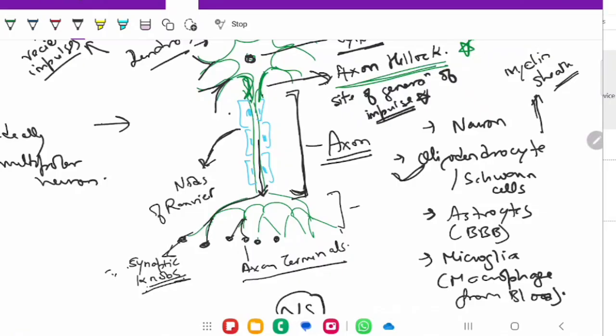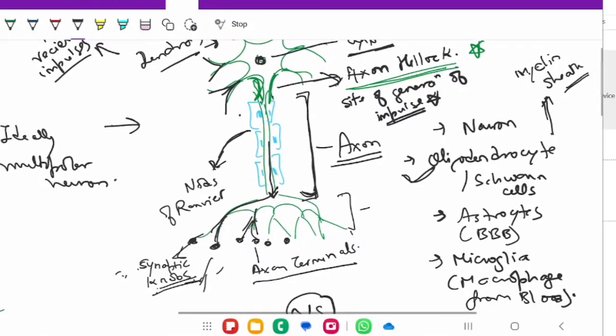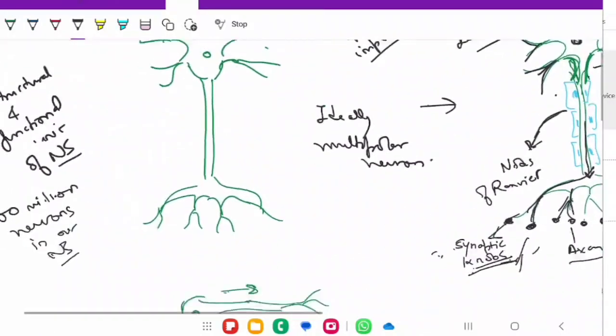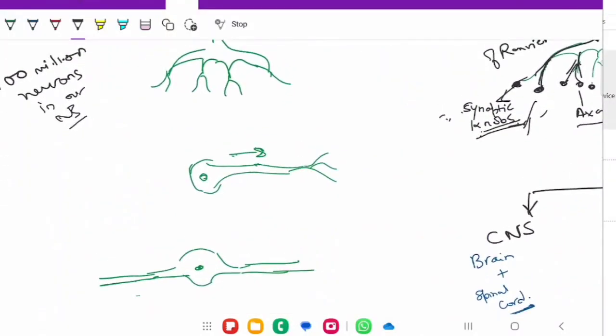These impulses get transmitted to the axon terminals, and through the synaptic knobs via synapse they go on to the next neuron. So this is a very basic and vague overview of how a neuron functions and what the structures are, right?